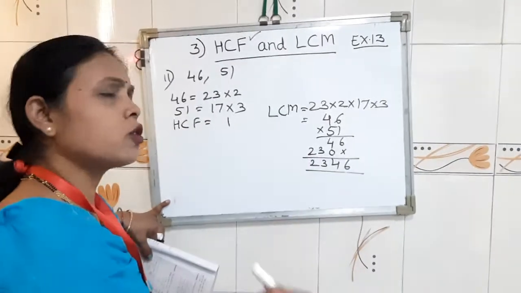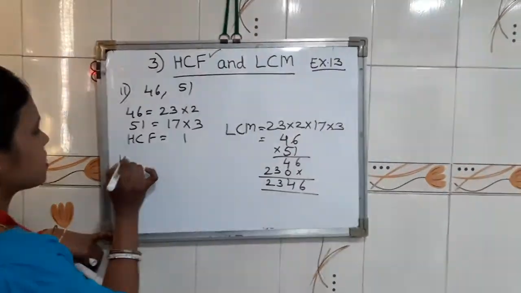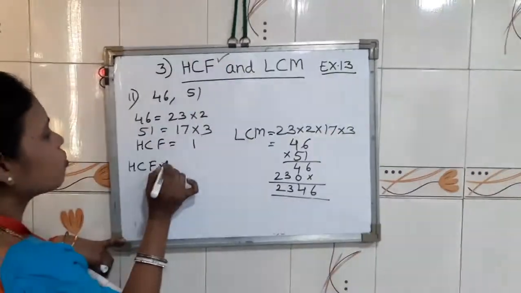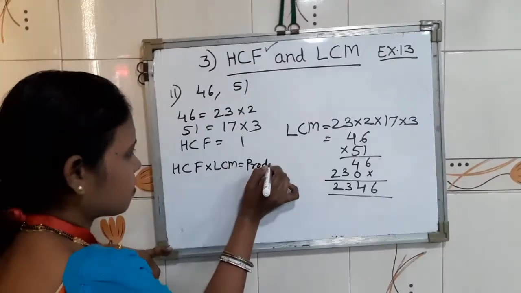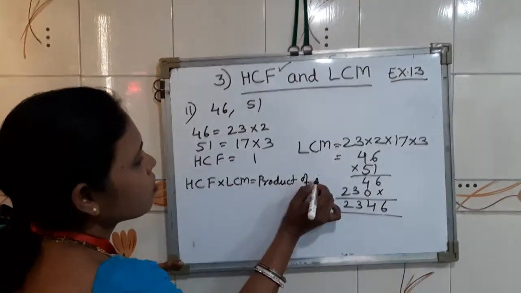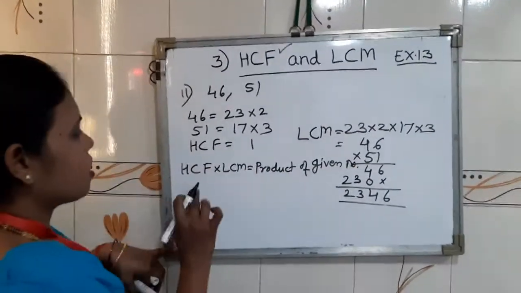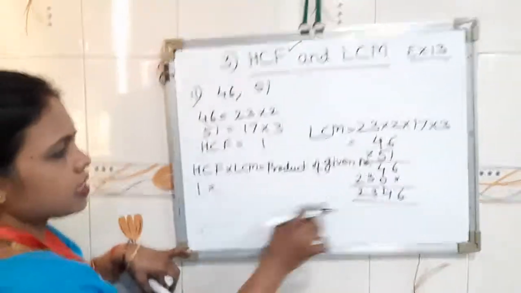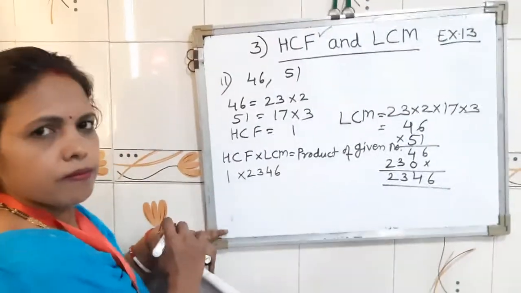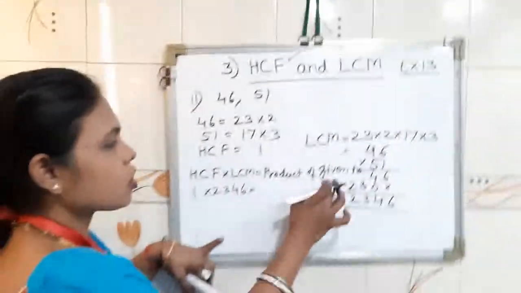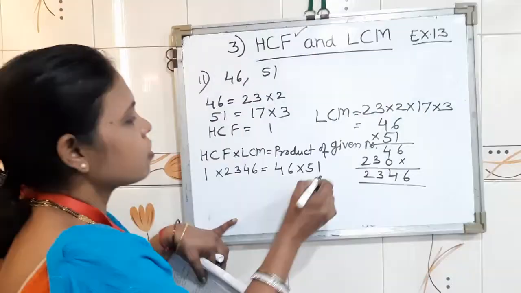Now, we are going to verify. What are we going to verify? HCF into LCM equal to product of given numbers. HCF 1, LCM 2346 equal to product of given numbers, that is 46 into 51.